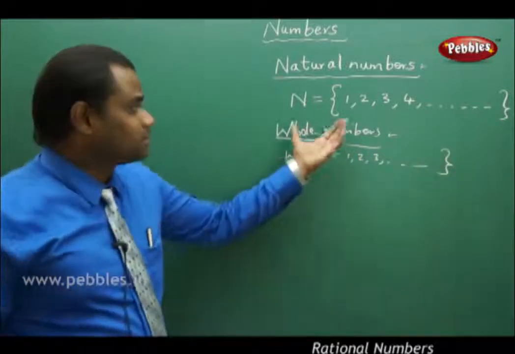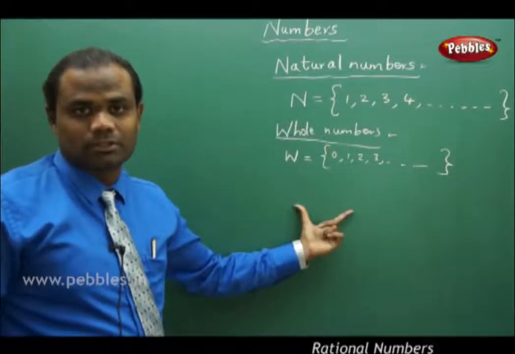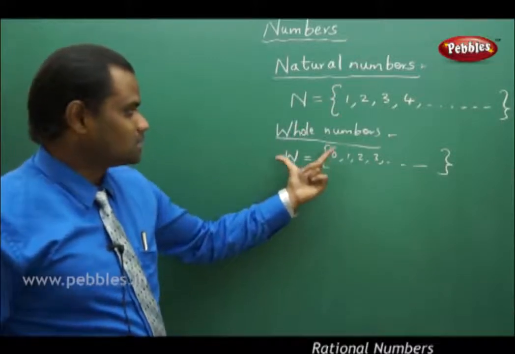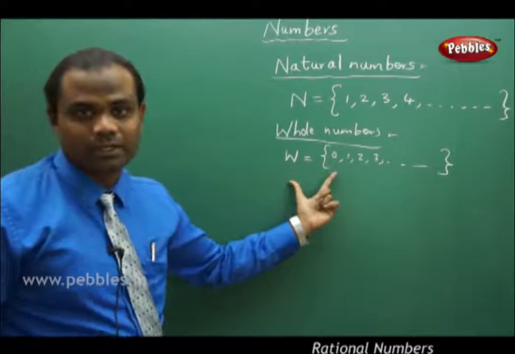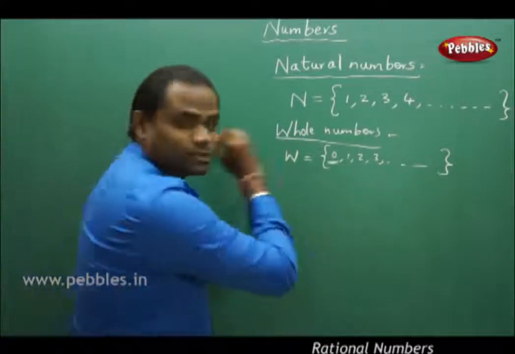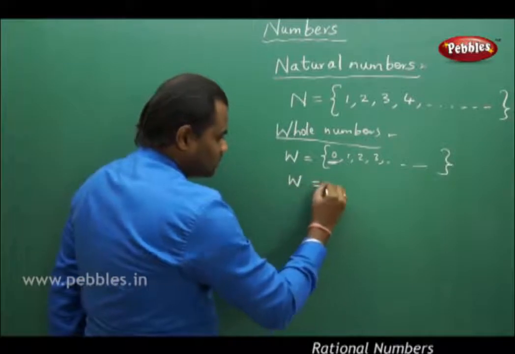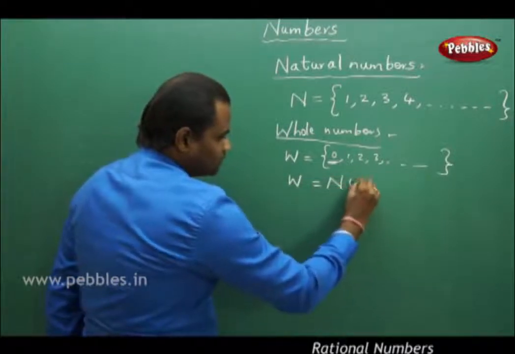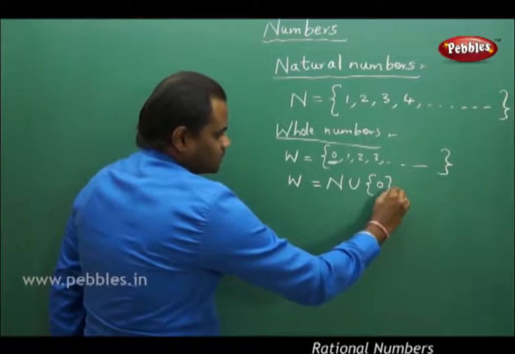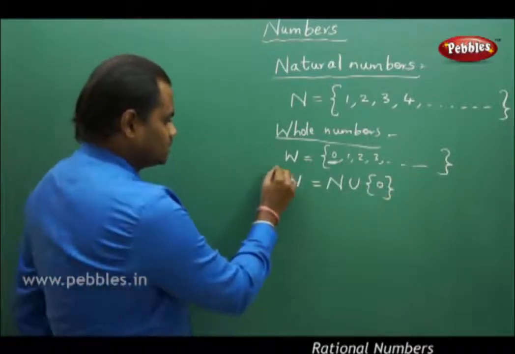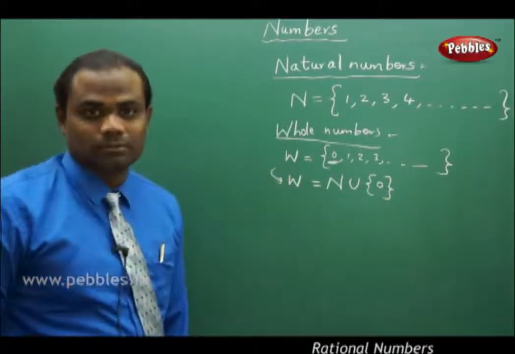The difference between natural numbers and whole numbers is that whole numbers are the set of natural numbers with one additional element, 0. Therefore I can mathematically define the whole numbers as all natural numbers including the element 0.